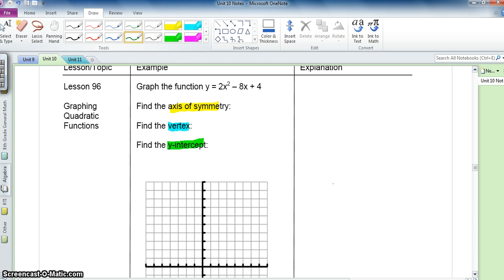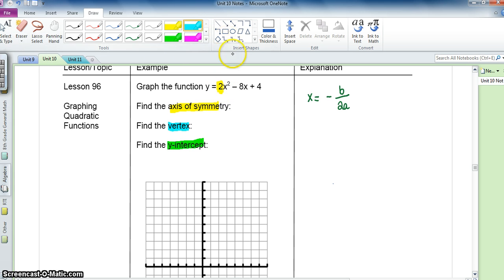The equation to find an axis of symmetry says that x equals negative b divided by 2a. Now a and b both have values. A is always whatever is being multiplied by that x squared, like the 2 here.